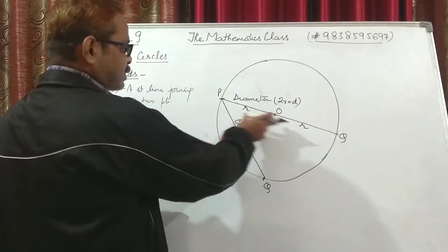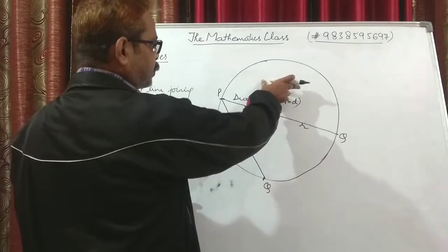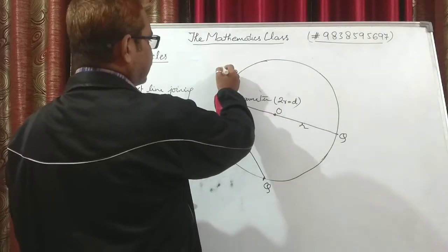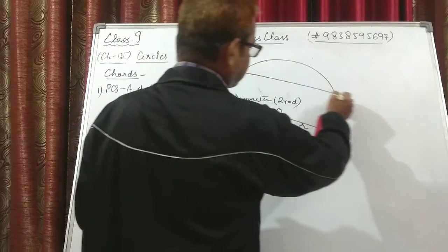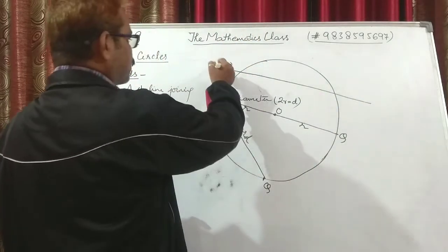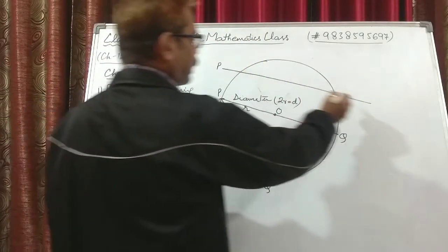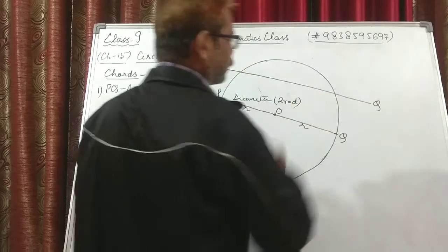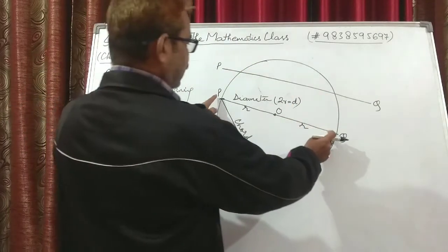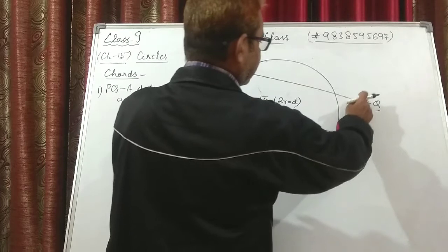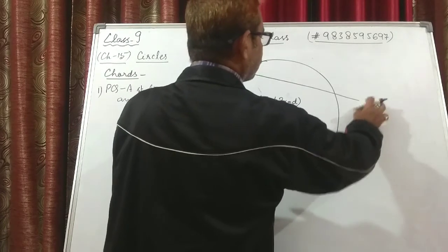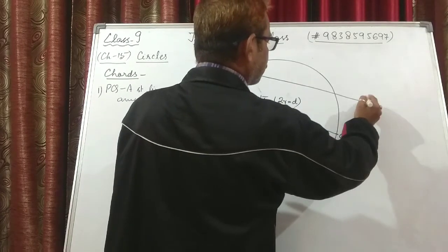Now if this PQ line is extended or shifted to this point, it will be something like this. Now the P point will be somewhere here and Q point will be somewhere here. Suppose this is the length of the PQ and I have extended it, so Q will be out of the circle.